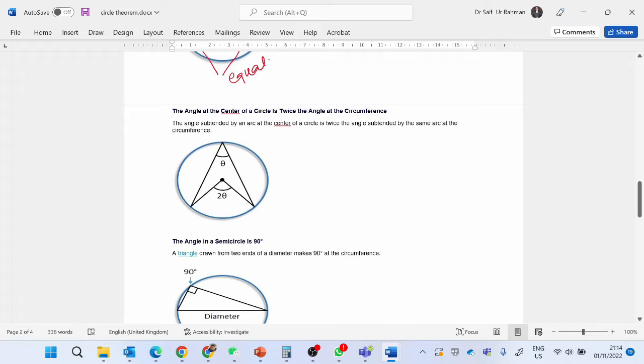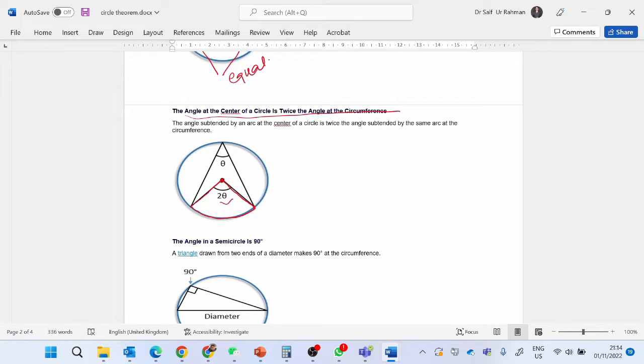And the next theorem is that the angle at the center of a circle is twice the angle at the circumference. So if there is an arc, this arc is making an angle here at the center, 20 degrees.